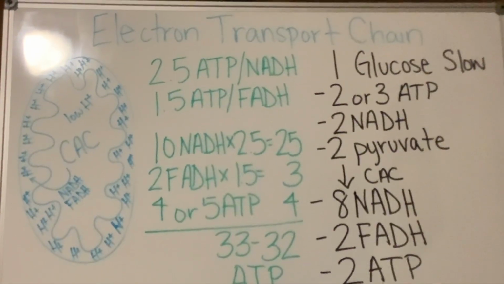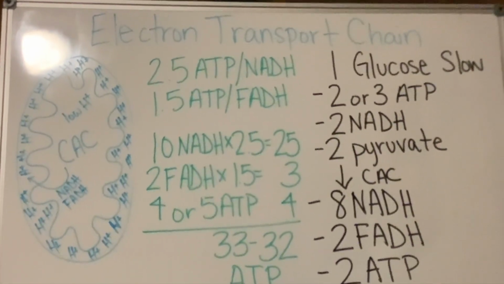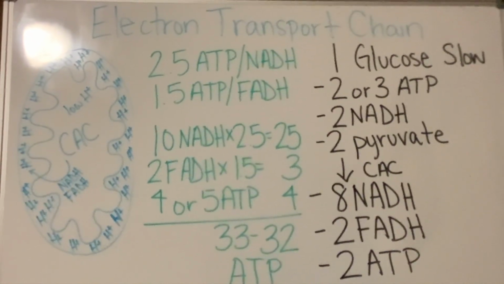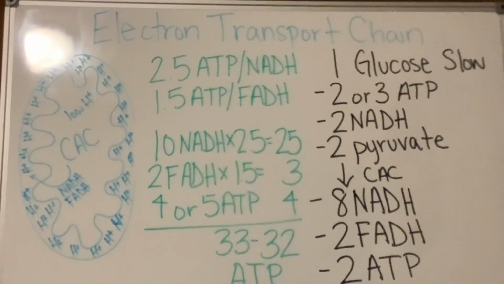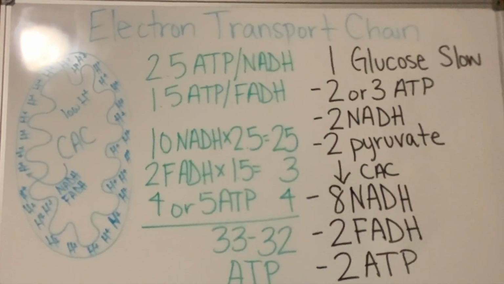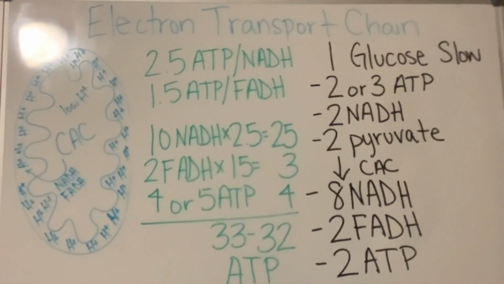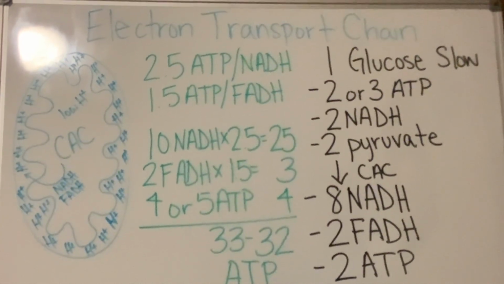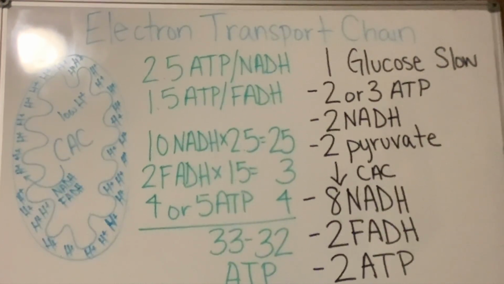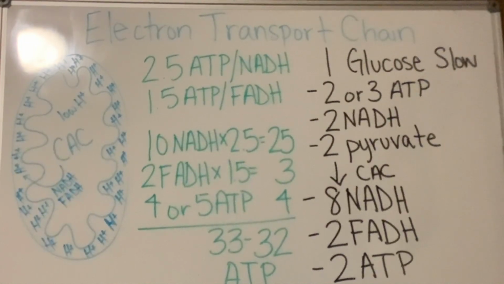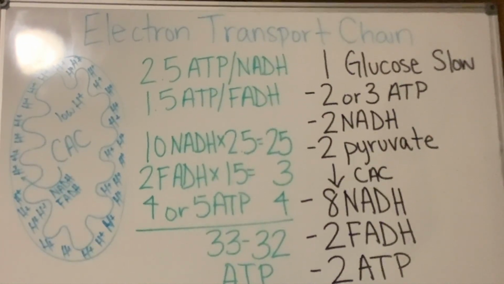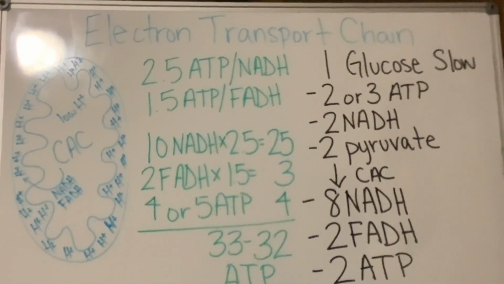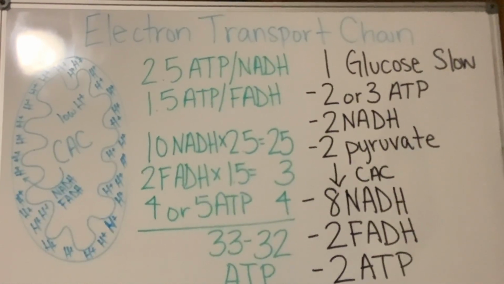Since we know that NADH is able to enter the electron transport chain earlier than FADH, which results in a greater amount of ATP production per molecule, we can see that the end result of 10 NADHs will give us 25 molecules of ATP, 2 FADHs will give us 3 molecules of ATP, and then 4 or 5 additional ATP molecules depending on the origin of the glucose.